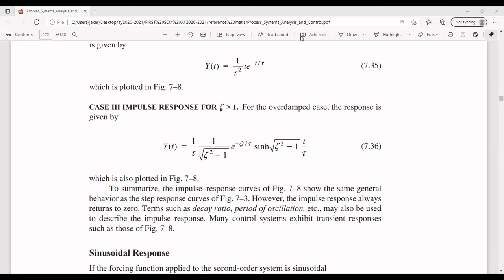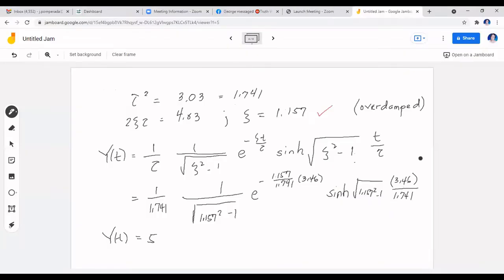So then what is our answer? If it's part of the argument, this one will be processed as a whole and part of the argument of the hyperbolic sine. What's your answer? Okay, can you give me your answer?